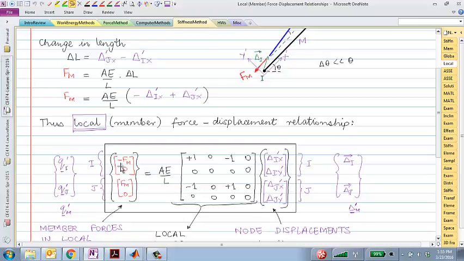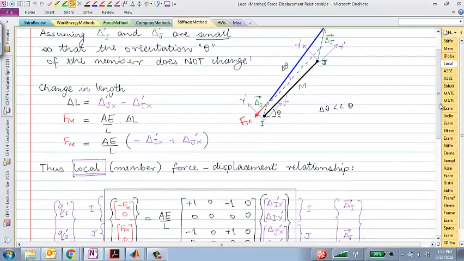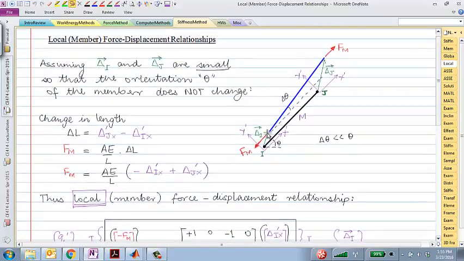Now, let me explain this carefully. What we are doing is we are saying that the forces at node I in the x prime direction and in the y prime direction, similarly forces at node J in the x prime direction and the y prime direction, and hopefully you should be able to see that if I can fit it into one page. But at node I have something in the x prime direction and 0 in the y prime direction, right?